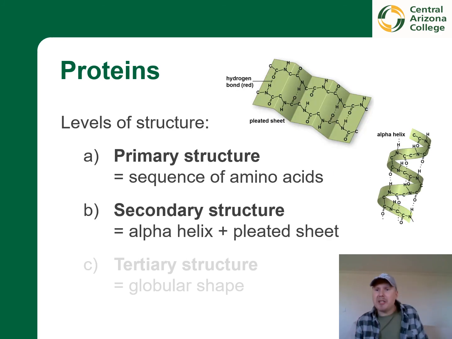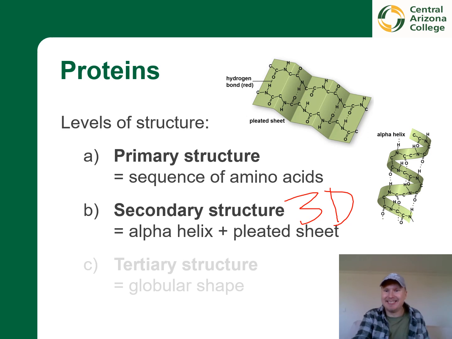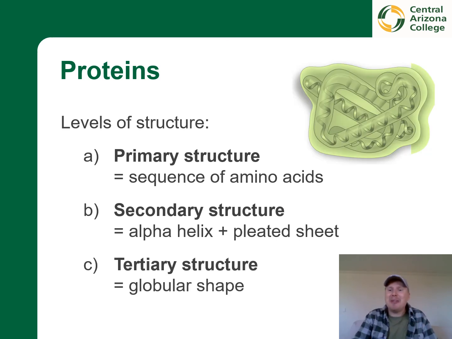Well, the secondary structure looks at this chemical structure, but considering it in a three-dimensional manner. Here we see examples of a pleated sheet and helical arrangements. And the tertiary structure takes it again one step further. We see the three-dimensional shape of an entire protein here.